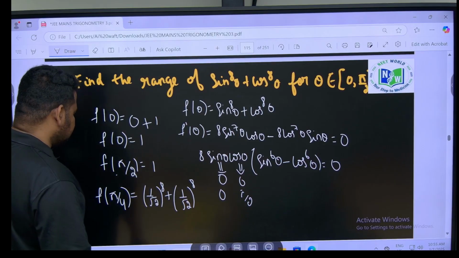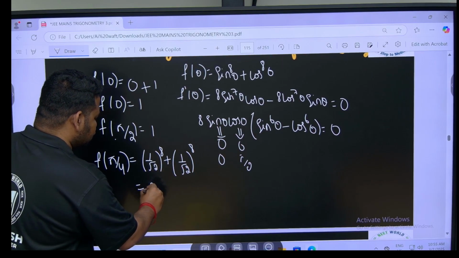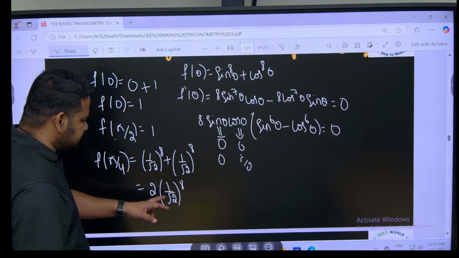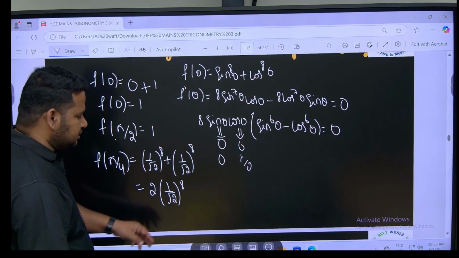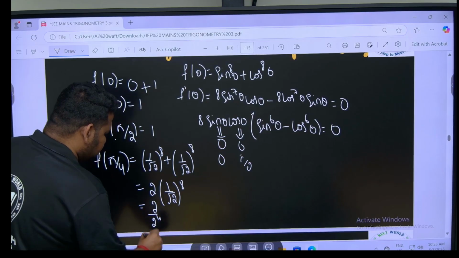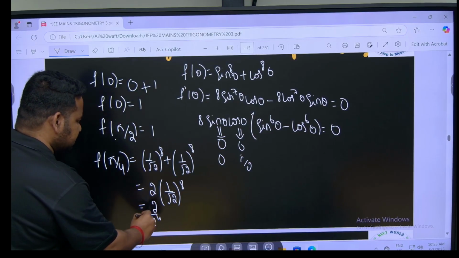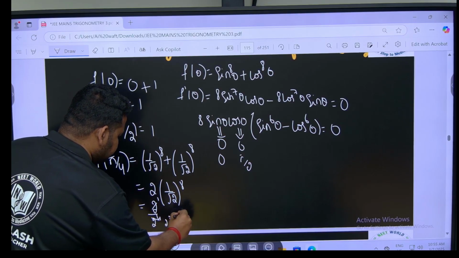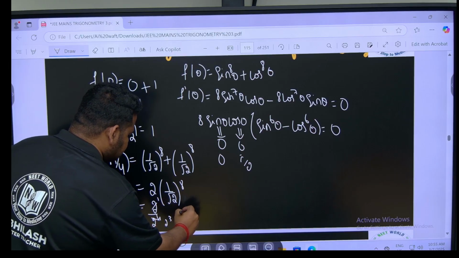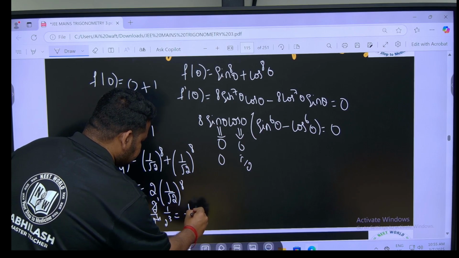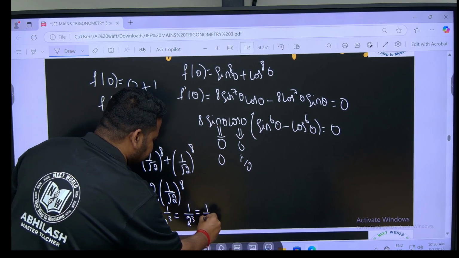This is nothing but 2 times (1 by root 2) to the power of 8. Since it is a square root, this will become 2 by 2 to the power of 4, so 2 times 1 is 2 cube. The 2s will cancel, and this will be 1 by 2 cube, that is nothing but 1 by 8.